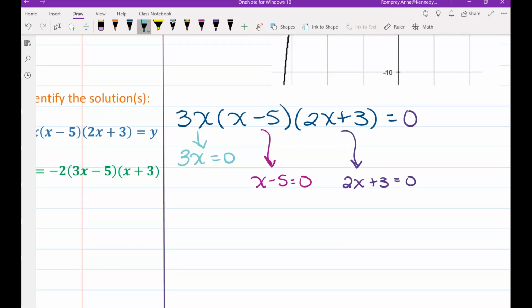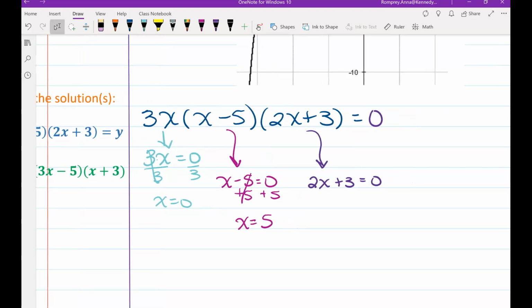What would make 3x equal to 0? Well, it's 3 times x, divided by 3. 0 divided by any number, remember that's okay. It just means it is 0. So x equals 0 is our first solution. x minus 5, what makes it equal to 0? Well, add 5. x equals 5. 2x plus 3 equals 0.